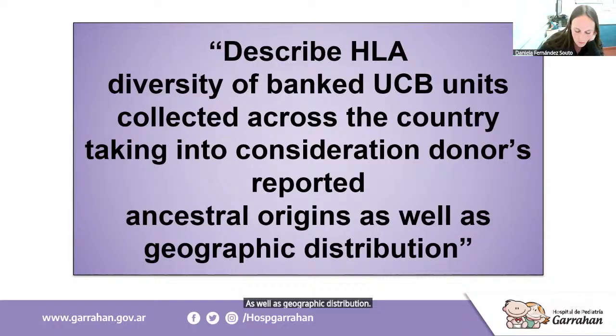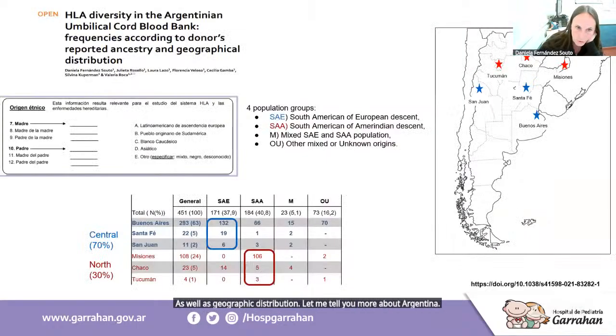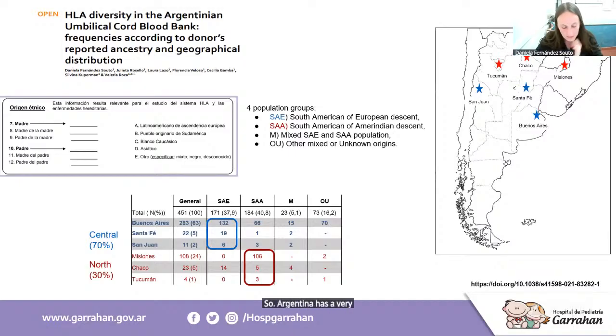Let me tell you more about Argentina. So, Argentina has a very diverse genetic background. Most of our population came from European immigration, mainly from Italy and Spain, but also an important contribution from Native American groups like Mapuches and Collas, as well as previously from Africa and Asia.